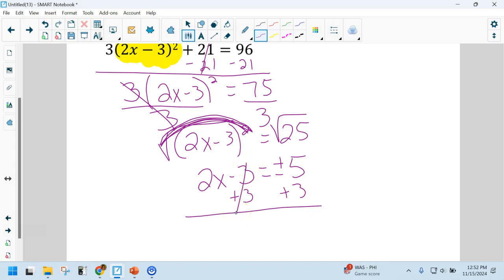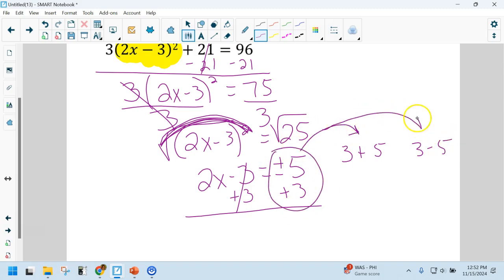Now here's where some people might find it helpful to write a second equation, because that plus or minus 5 actually means we're going to do 3 plus 5, and it means we're going to do 3 minus 5. So you might want to think of this as 2 separate equations. So 3 plus 5 would be 8, 3 minus 5 would be negative 2.